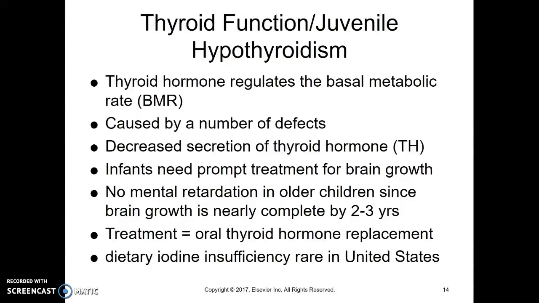But if we're not having good basal metabolic rate, we're going to have delayed brain growth and function, which is going to cause mental retardation in the child at a young age. If it happens later, then we won't see that, which is good. So we're going to treat this by giving them thyroid hormone, and that's an oral medication.